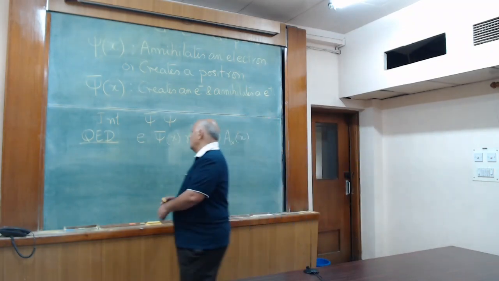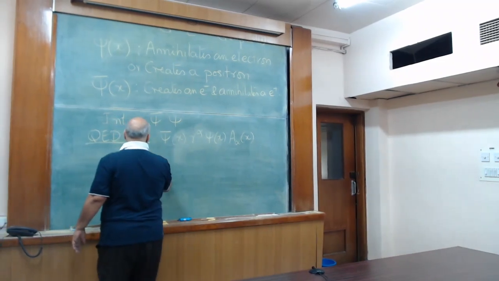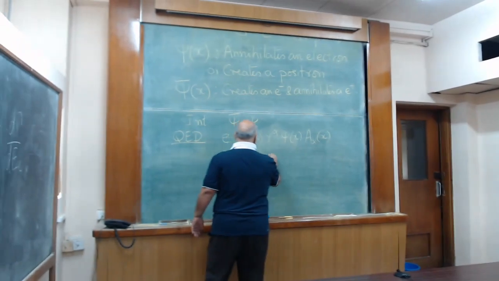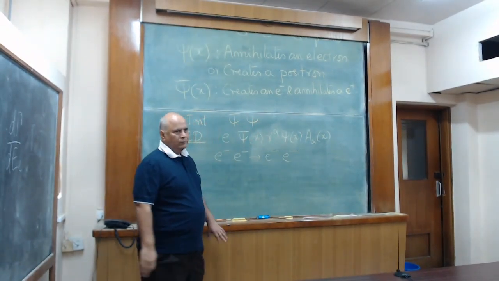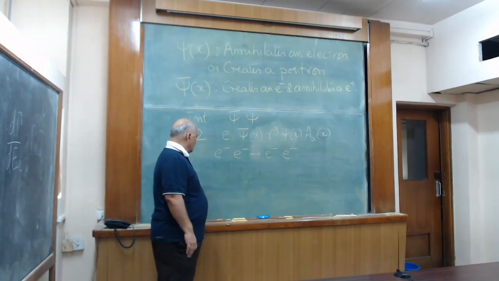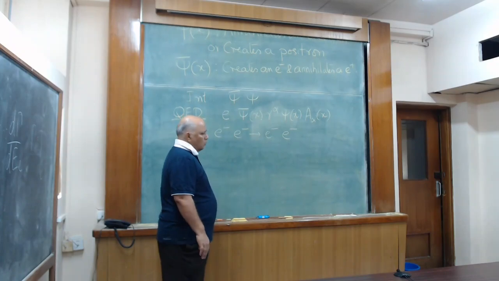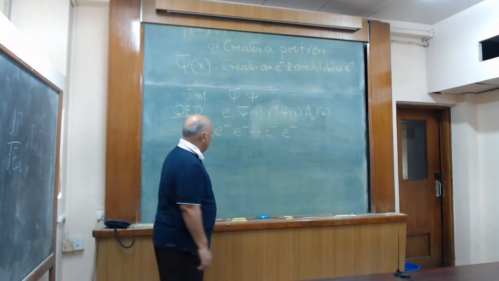Based on this, let us look at the scattering of 2 electrons. So here is where we use this concept of Feynman diagrams.